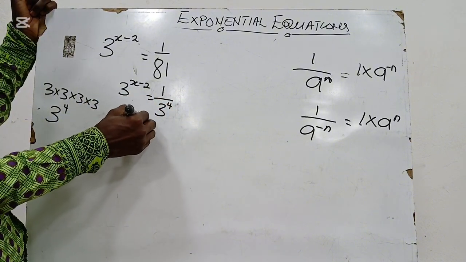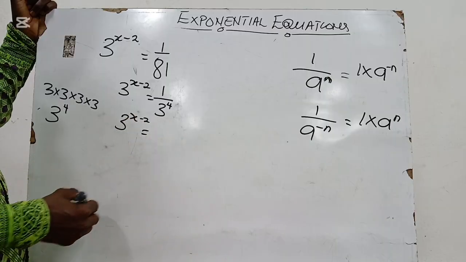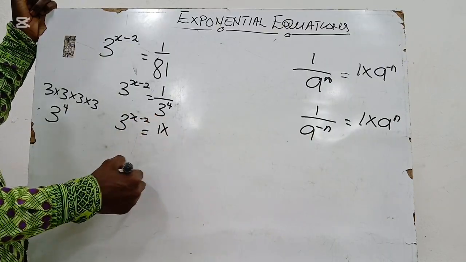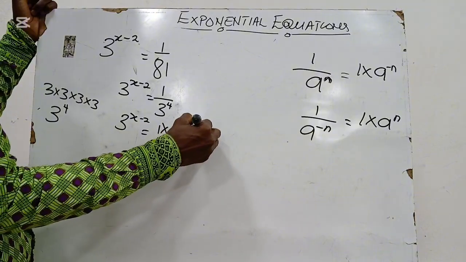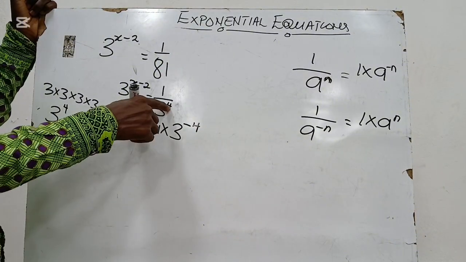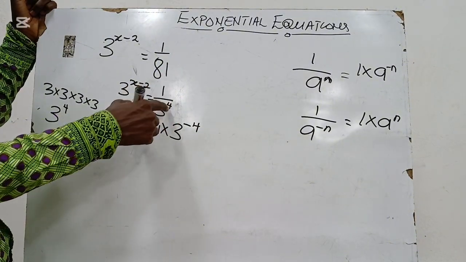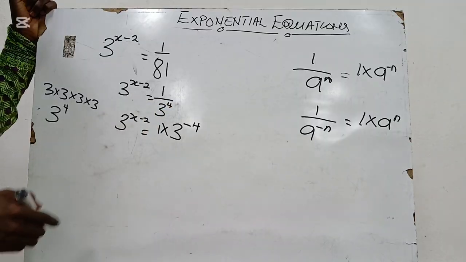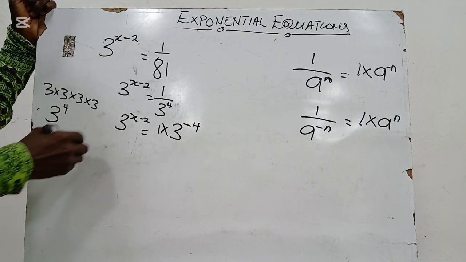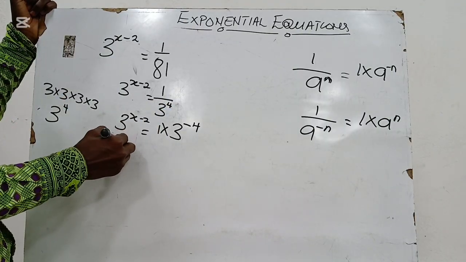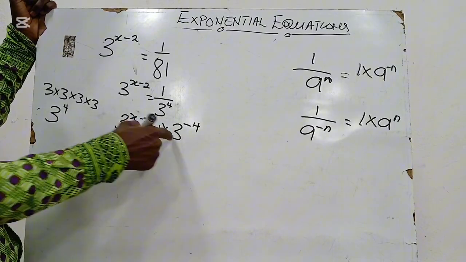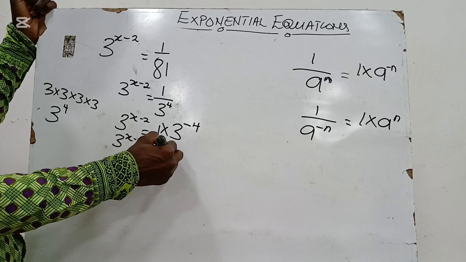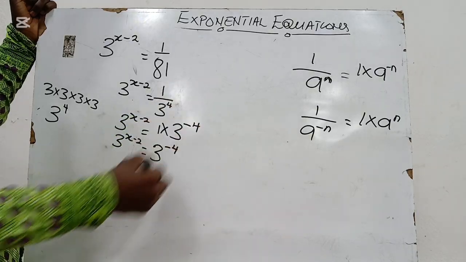3 raised to the power x minus 2 is equal to 1 times 3 raised to the power minus 4, because it was positive. So when we bring it to the top, the power has to change. Are you okay? Great. We rewrite this side again: 3 raised to the power x minus 2 is equal to 1 times 3 raised to the power minus 4.